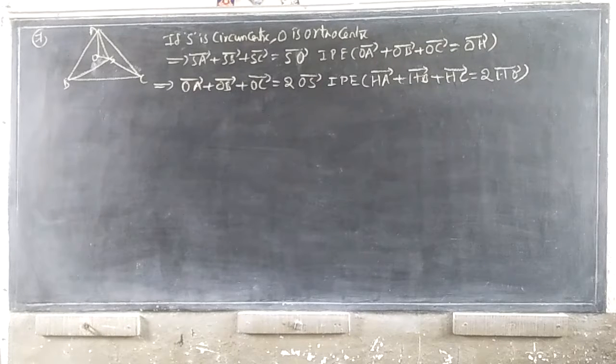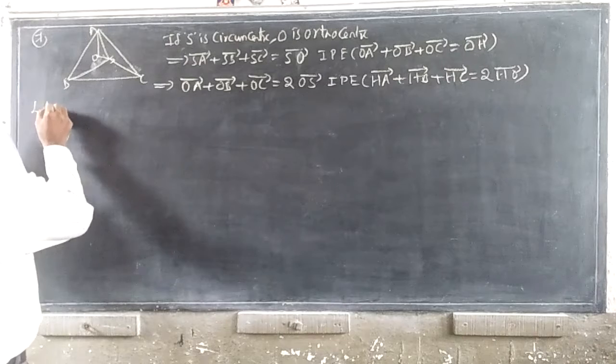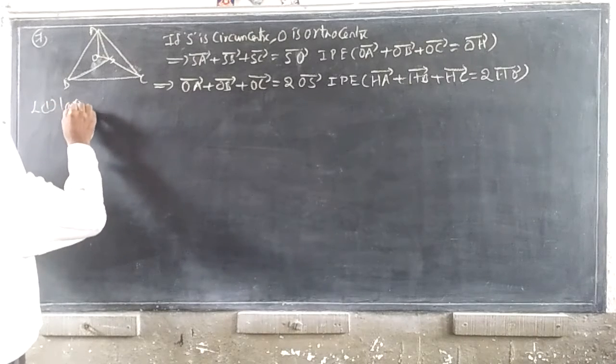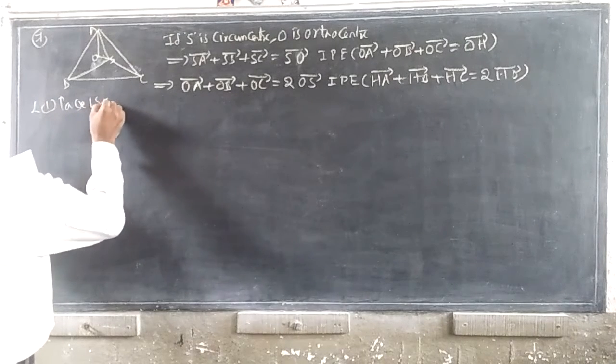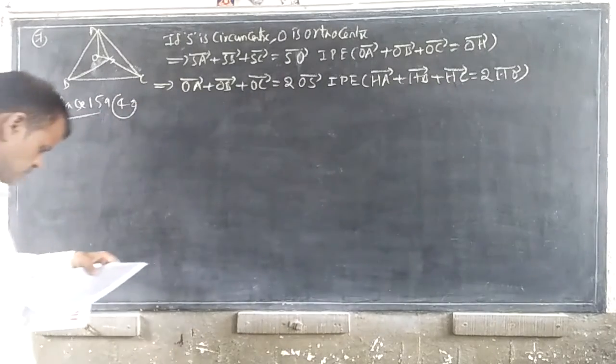Using this one, let us see the question number. In Level 1, page 159, question number 42 is there, using this synopsis.